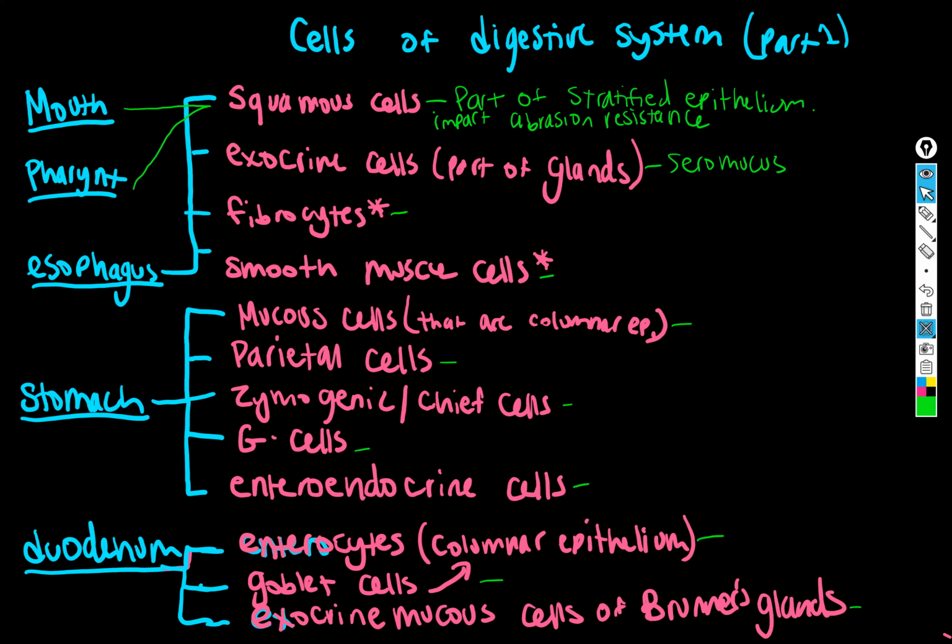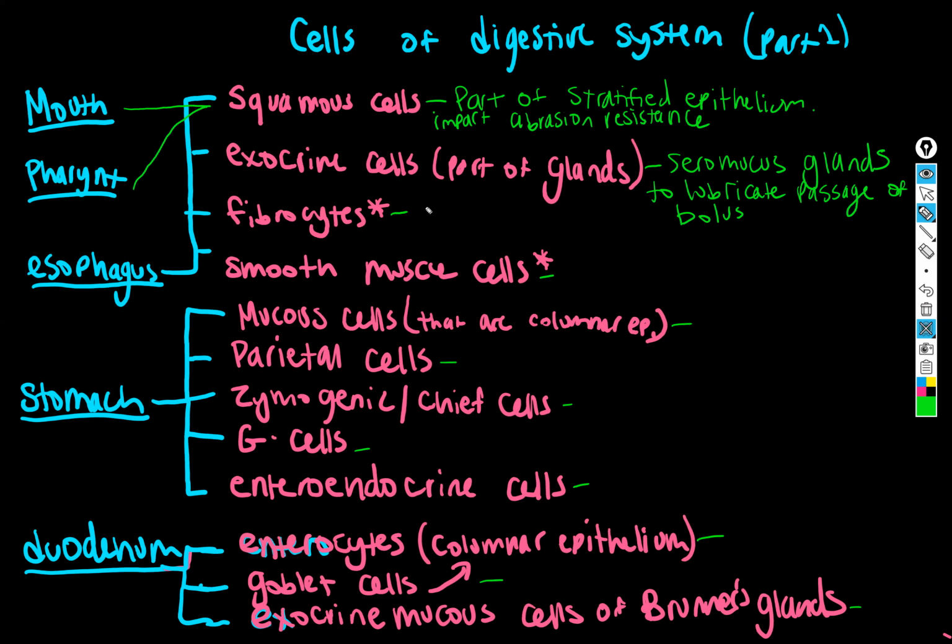We all know what mucus is. So seromucus glands to lubricate passage of bolus. Bolus being the term for a compacted mass of chewed up food.